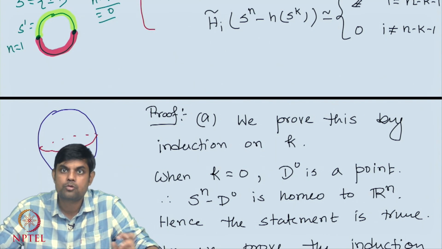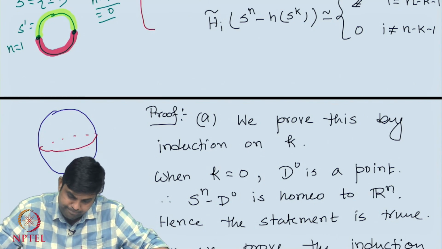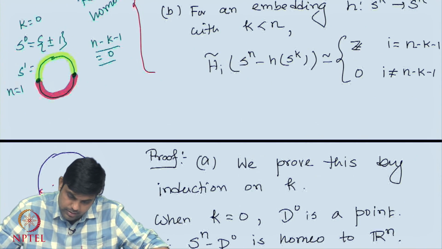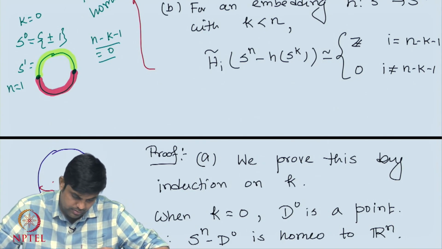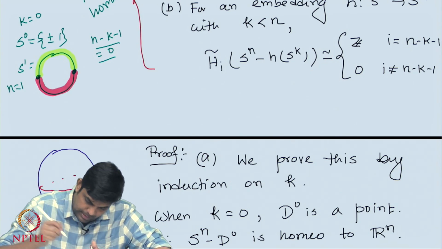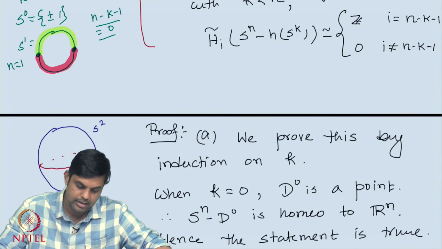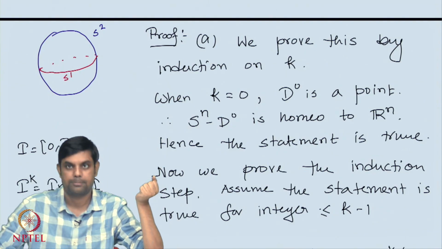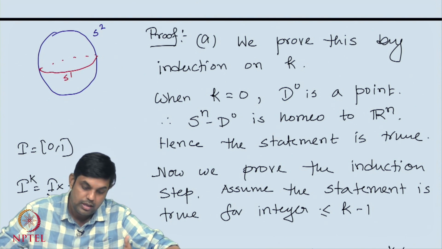If I take S2 minus S1, the complement is just the upper hemisphere and lower hemisphere, both of them contractible. So, the complement of S1 inside S2 is two contractible spaces.